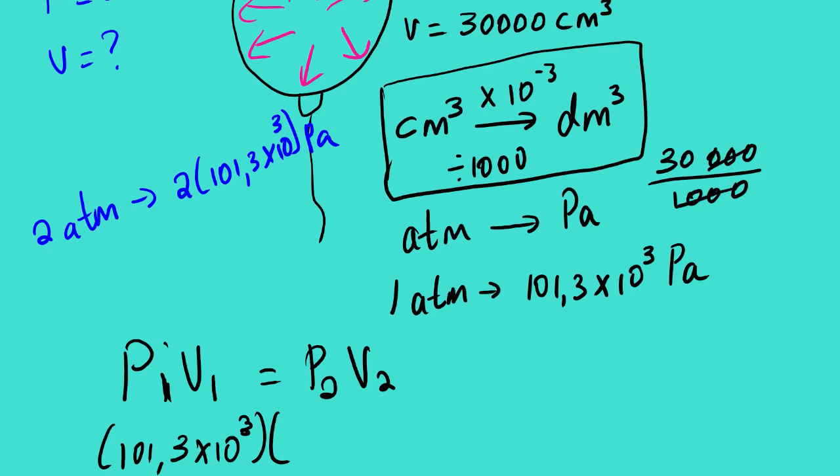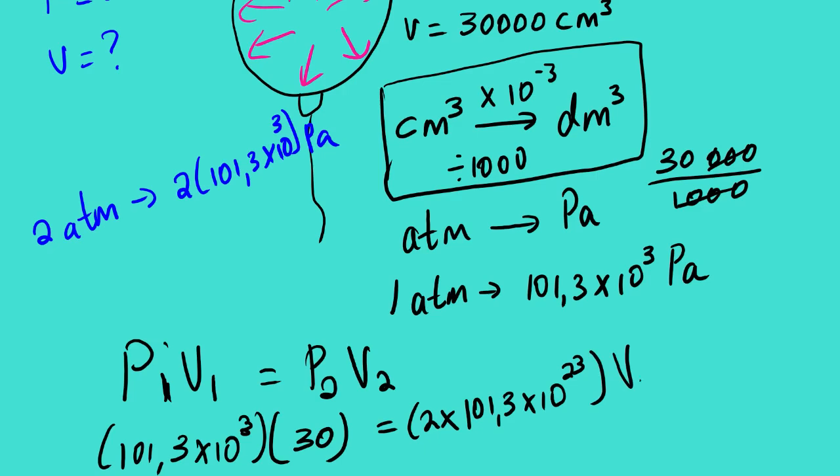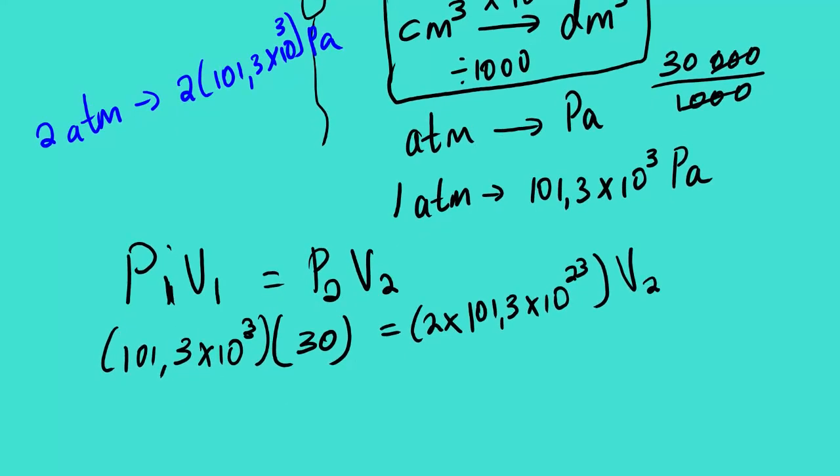This will give us 30 dm cube equals 2 multiplied by 101.3 times 10 to the power 3, and then we have V2.